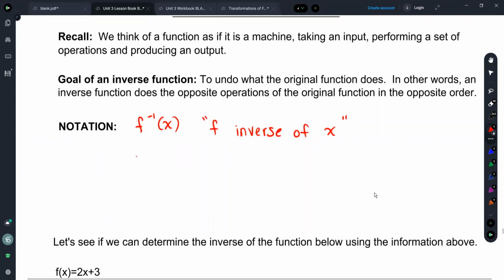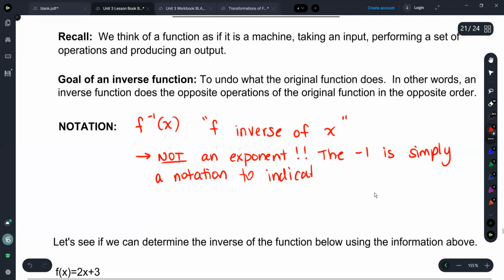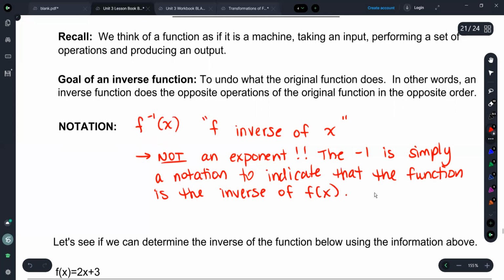Okay, so one important thing is that this is not an exponent of -1. That's the really important piece here, is that this is not an exponent.